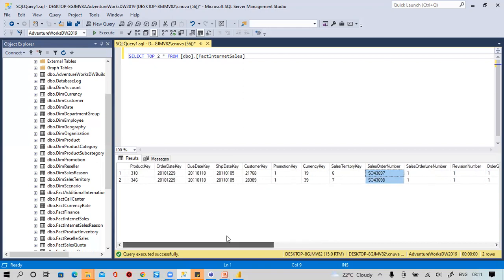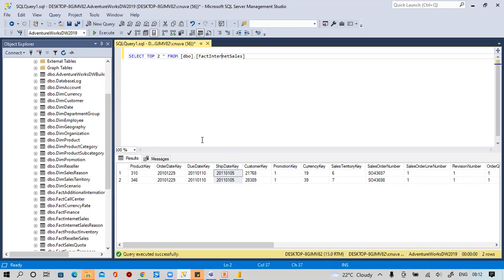And one more dimension, that is the role playing dimension. If you connect your fact table with the same table multiple times, for example the date table: you connected the order date key to the date table, and again, to answer how many orders have been ordered and how many orders have been shipped, you have to connect the ship date to the date table again.